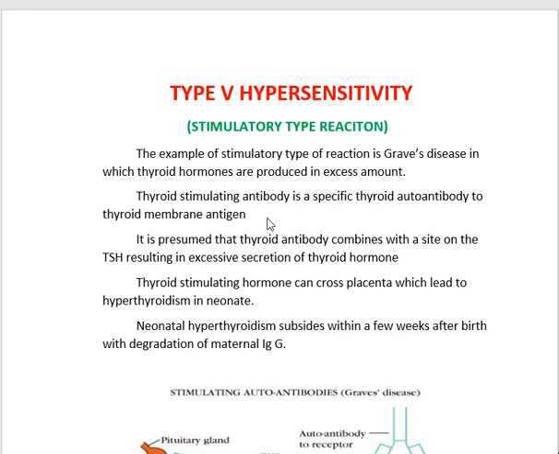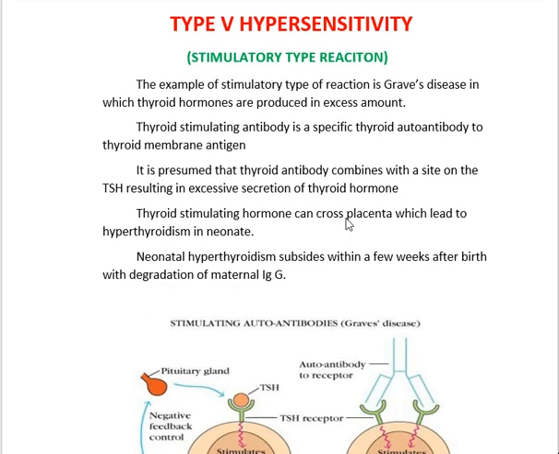Initially it was classified under type 2, but later on some differences were found between type 2 and this type 5, that is stimulatory. So obviously it was classified under another type called type 5 hypersensitivity. And the best studied stimulatory type of reaction is Graves' disease. Thyroid stimulating antibody is a specific autoantibody to thyroid membrane antigen.